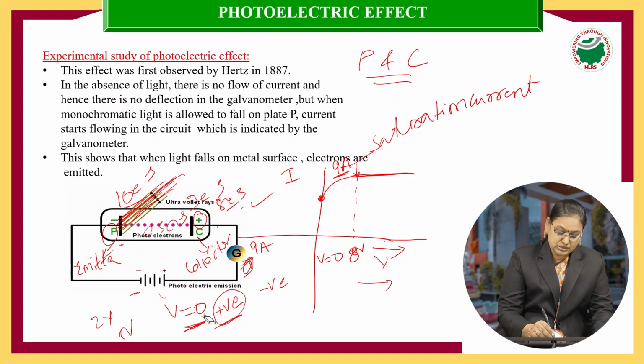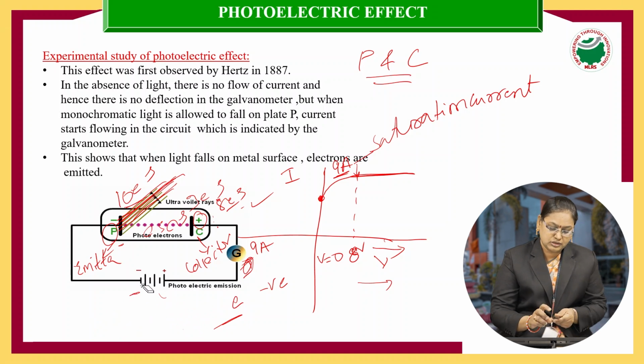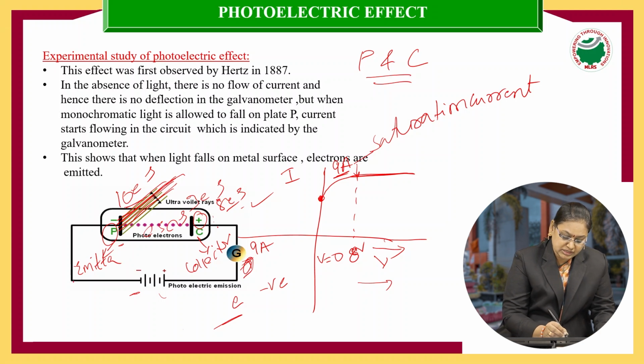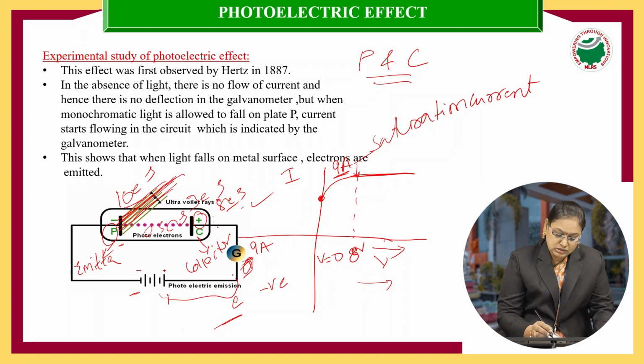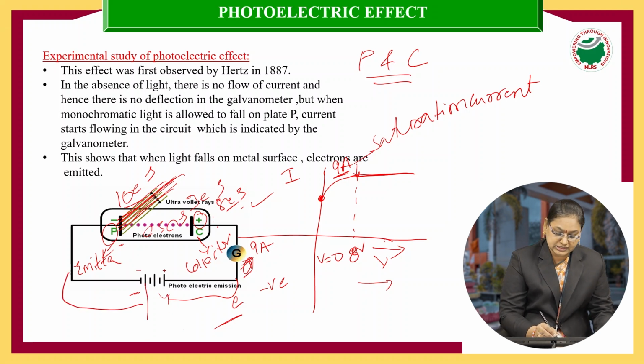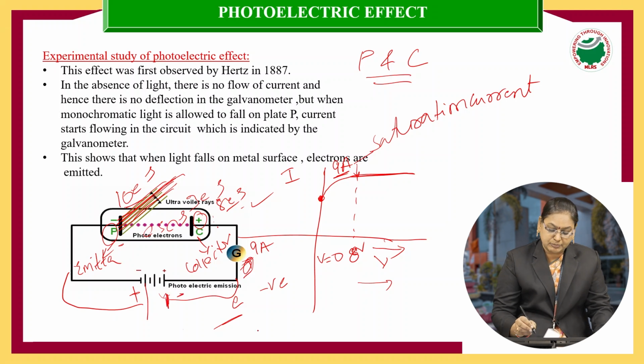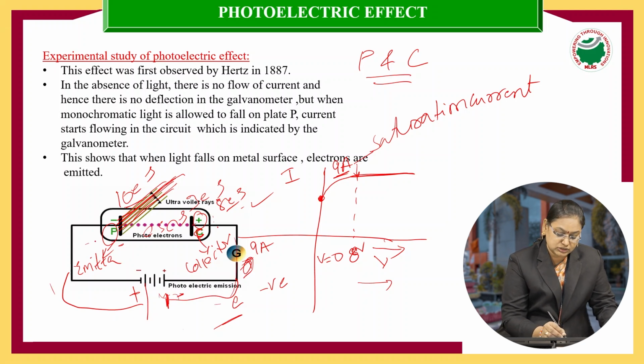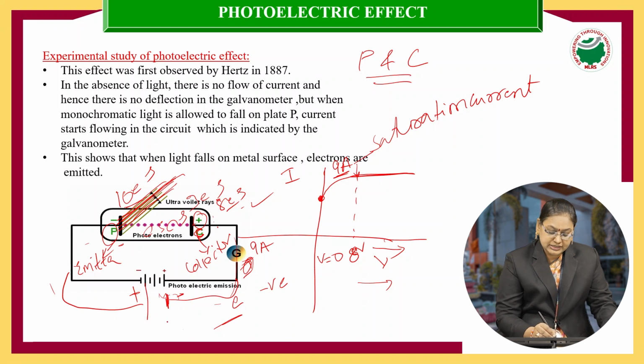Negative voltage means here you have to interchange the terminals of the battery. That means now the negative terminal of the battery is connected to plate C and the positive terminal is connected to plate P. Applying negative voltage to plate C is nothing but the negative terminal of the battery being connected to plate C, whereas the positive terminal is connected to plate P. Now you increase the negative voltage.